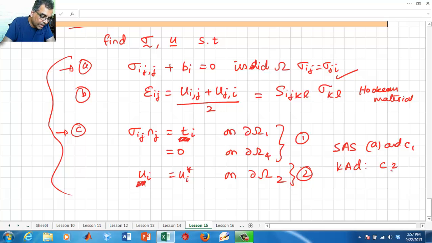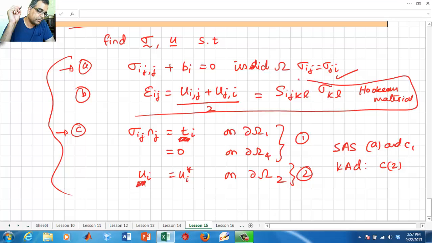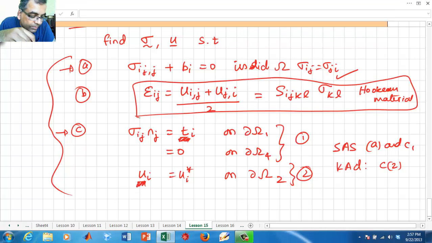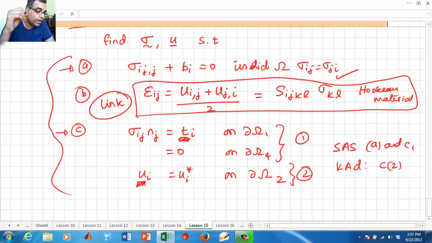The missing link is the Hookean assumption. Once you add that, the statically admissible stress fields and kinematically admissible displacements have to be linked. So this is the link. And now what will happen is, not all statically admissible and kinematically admissible situations will meet this link. So it becomes the link which is the problem.